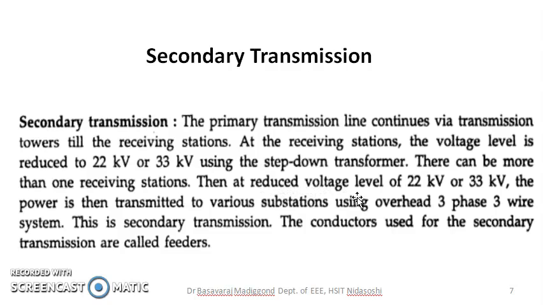Then at the reduced voltage level, the power is transmitted to various substations using an overhead 3-phase 3-wire system. This is secondary transmission. The conductors used here for secondary transmission are called feeders.